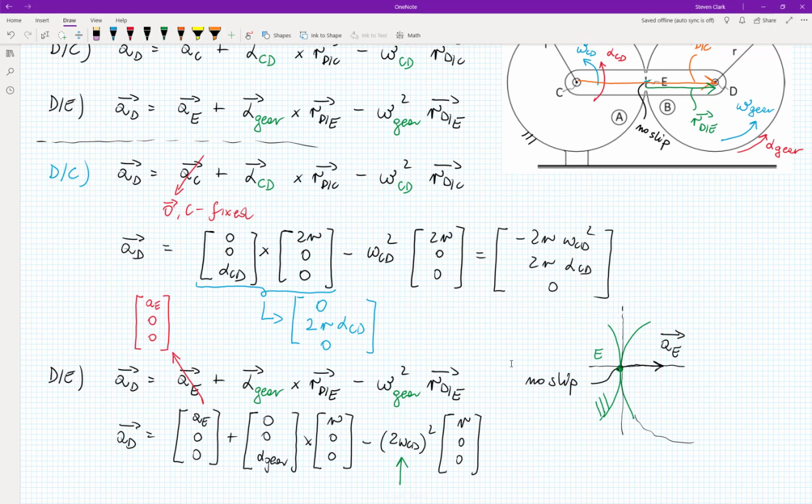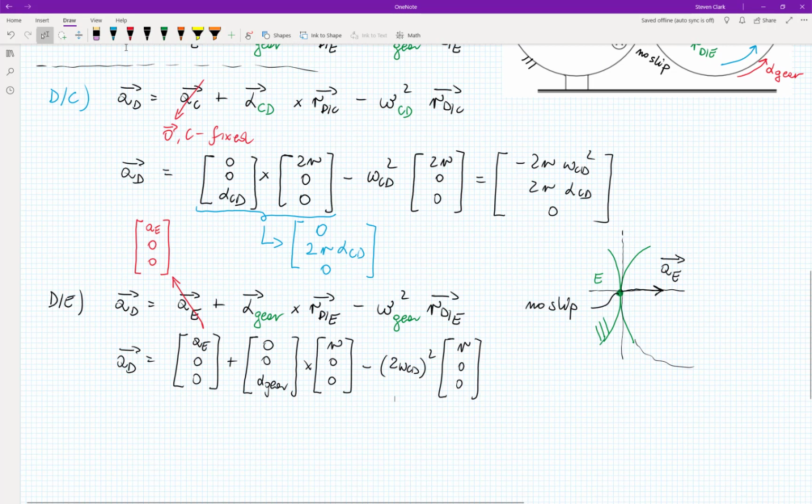Okay, let's solve this determinant. We actually already solved it earlier in this discussion. So it will be equal to 0, R alpha gear, 0.